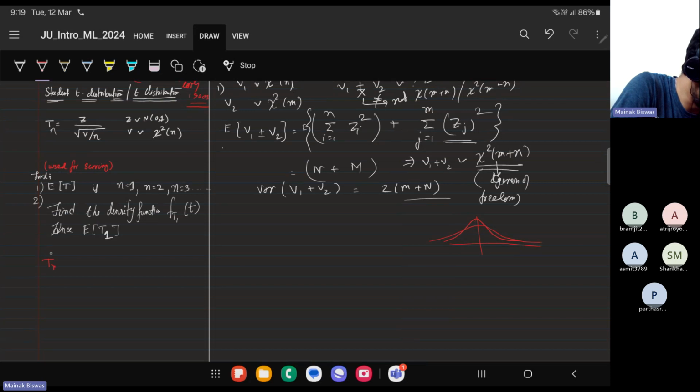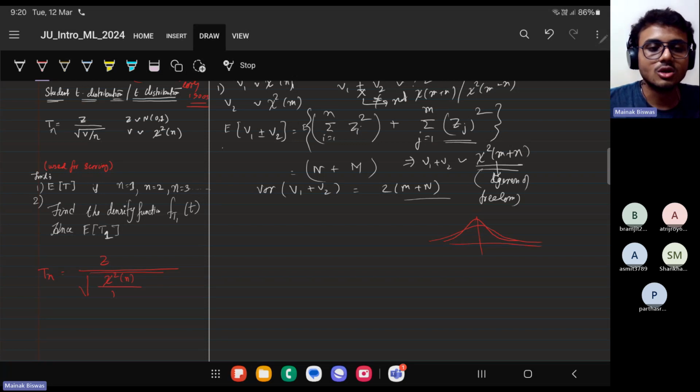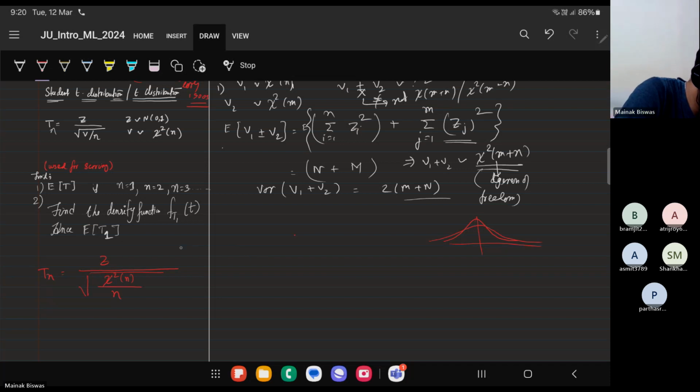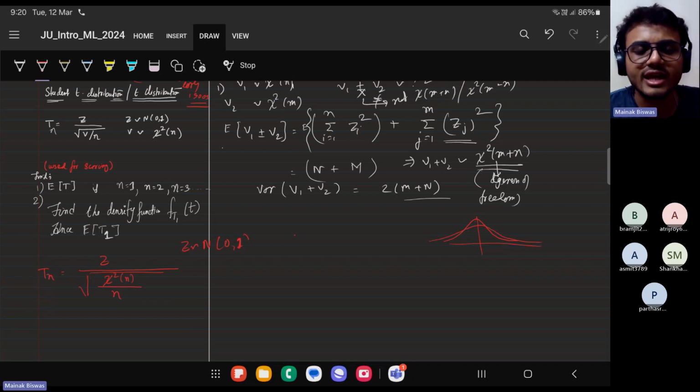Let us do it for a general case, and then we'll do a special case. So T_n is defined as Z divided by the square root of chi-square n by n. In the T_n distribution, Z is normal 0, 1. And remember, these distributions are in your GATE syllabus, so please pay attention.